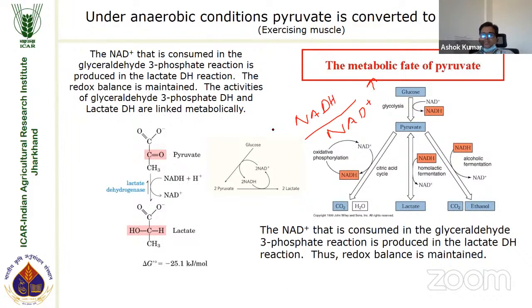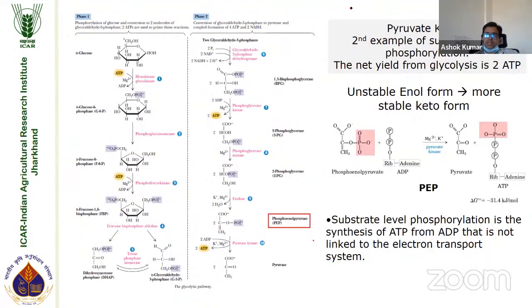So this NADH is a reducing equivalent. To utilize this NADH, fermentation or reduction happens, homolactic fermentation or alcoholic fermentation, and by this fermentation NADH is consumed.